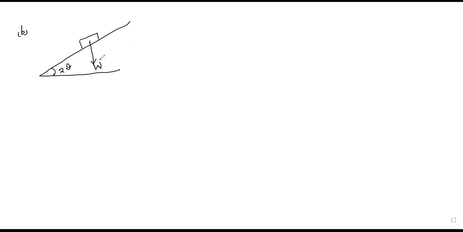The weight is W. And this is W sin 2 theta.